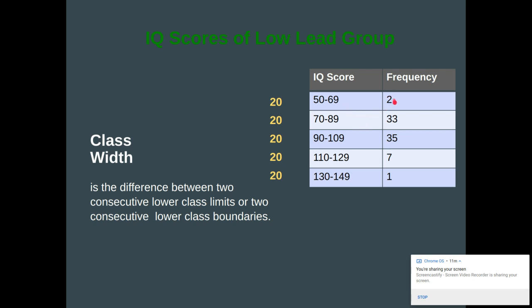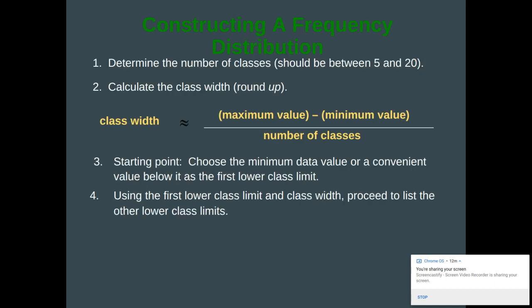So if we had a list of all the data values here, we would go through and count up all the ones that occurred between 50 and 69. We'd find that there was 2, so we'd put a 2 here. You can use tick marks and then put a total. What I personally like to do is put a little mark above the number in the list of data. That way, not only do I keep track of how many I'm counting, but also I can see which data values I have utilized and created my table already.